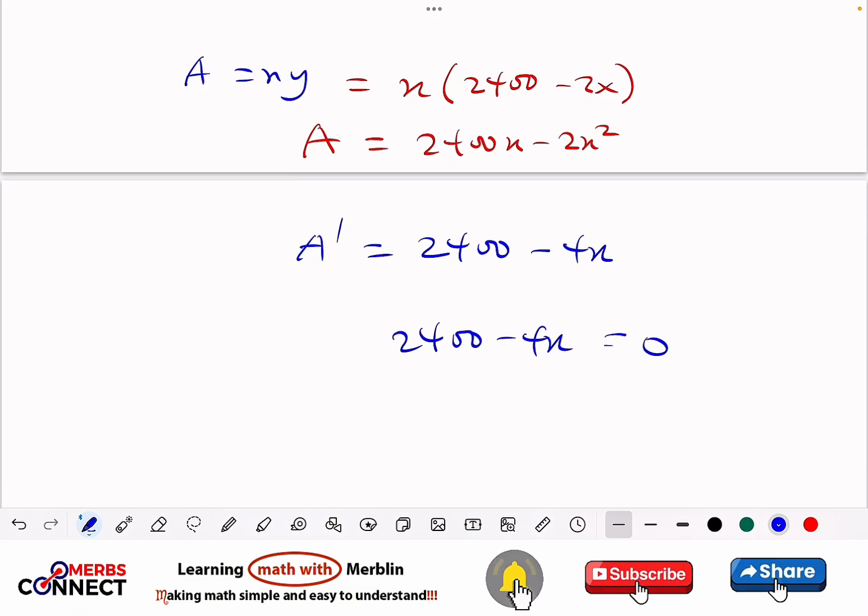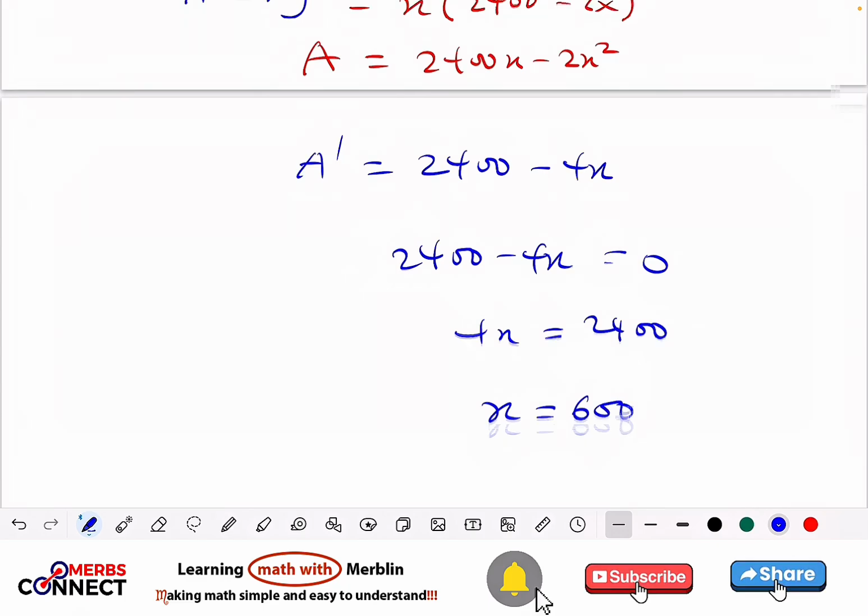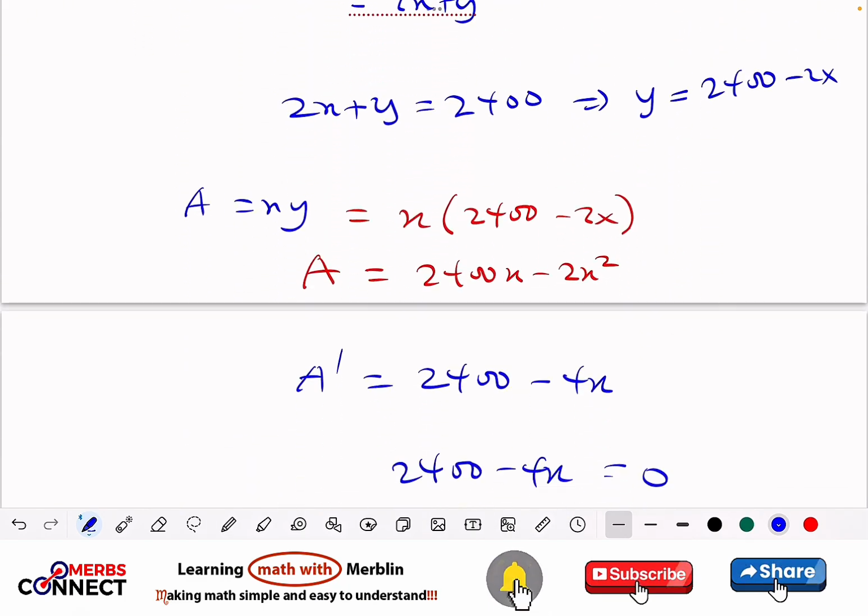So what am I going to get here? This is going to be 4x is equal to 2400. And what am I going to get from this? Divide through by 4. So 4 goes into 24 six times, so this will be 600. So x is 600.